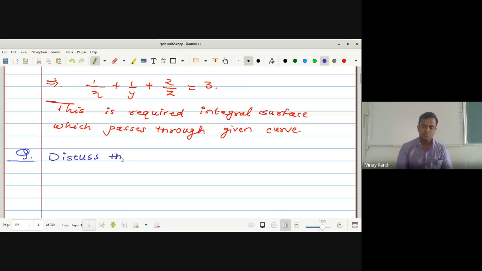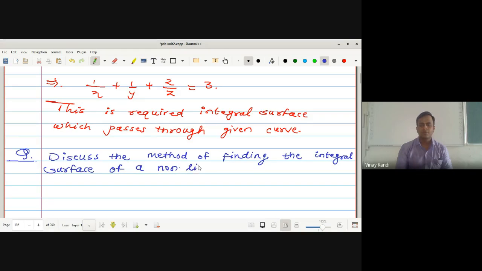Discuss the method of finding the integral surface of a non-linear partial differential equation which passes through a given curve.